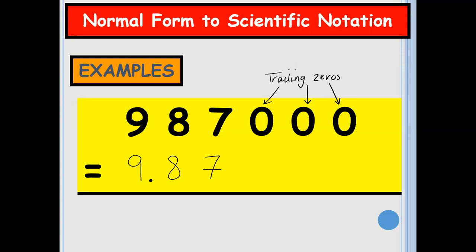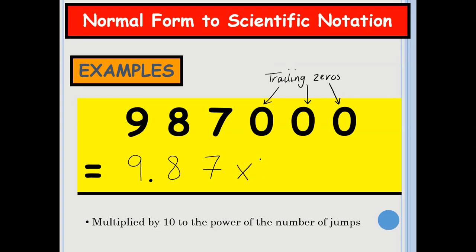So let's think about that rule that we said we would bring back up: multiplied by 10 to the power of the number of jumps. This is where the scientific notation part comes in. We've got a number, we've changed it to a decimal, and we're now going to write times 10. Where does this number of jumps come in? Well, if you think of 987,000, the decimal point would usually be here.